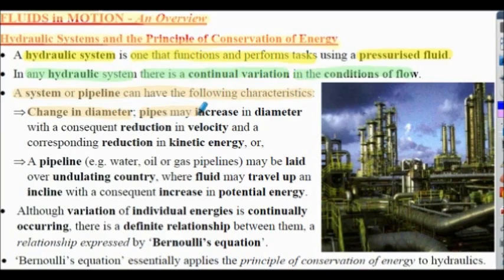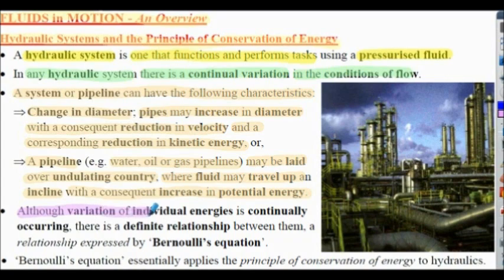So pipes may increase in diameter with a consequent reduction in velocity and a corresponding reduction in kinetic energy. Or a pipeline, for example water, oil or gas pipelines, may be laid over undulating country where fluid may travel up an incline with a consequent increase in potential energy.